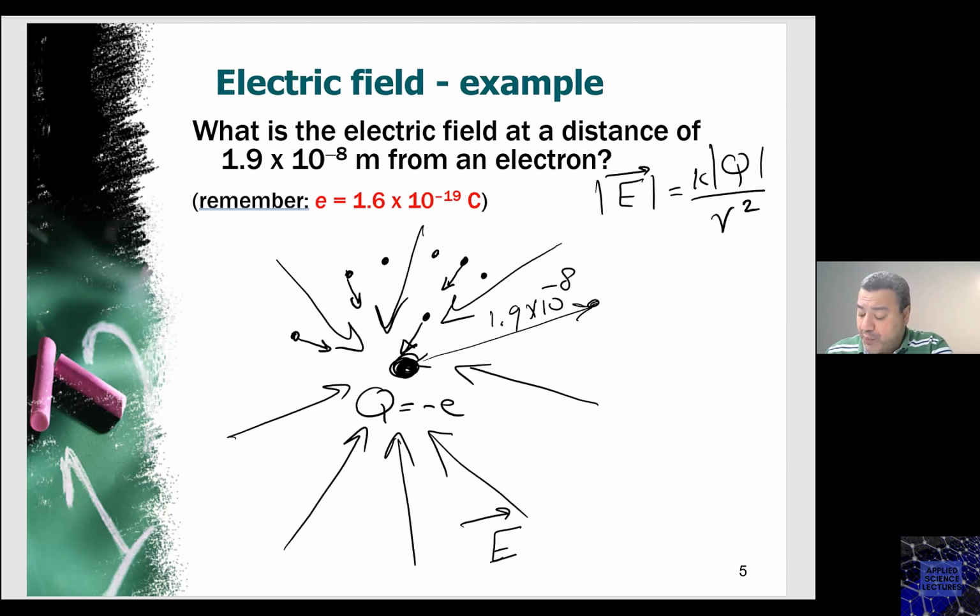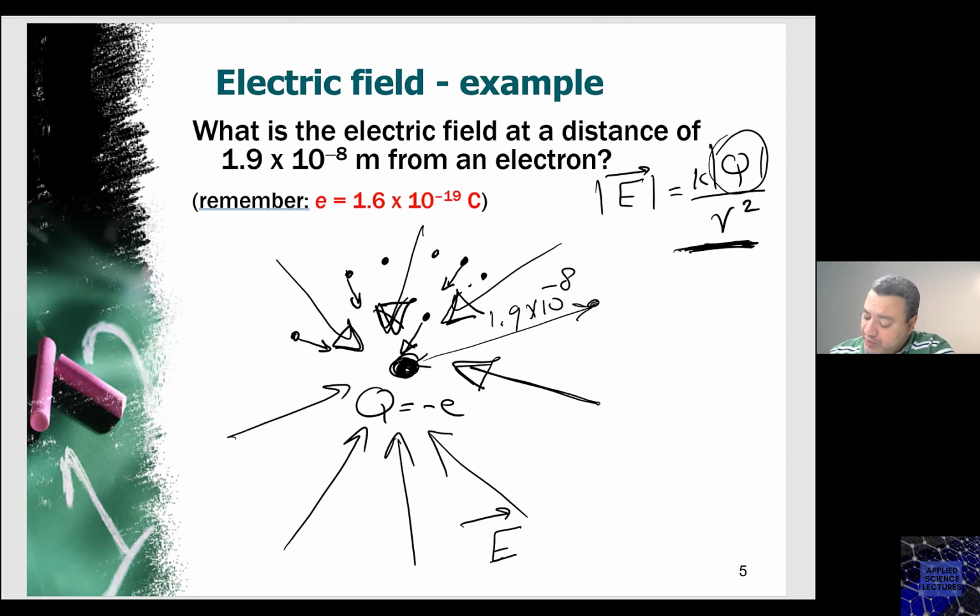However, at any point, it will be pointing toward the charge, the negative charge. The magnitude will become stronger the closer I come toward my charge that is generating this electric field.